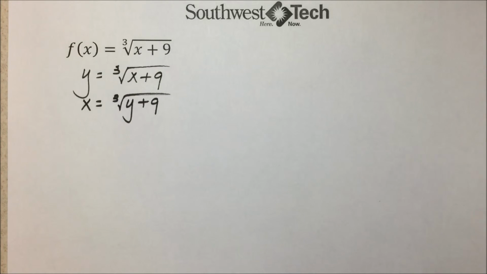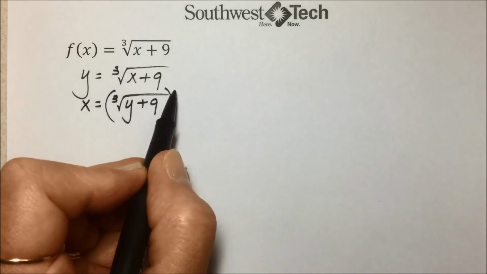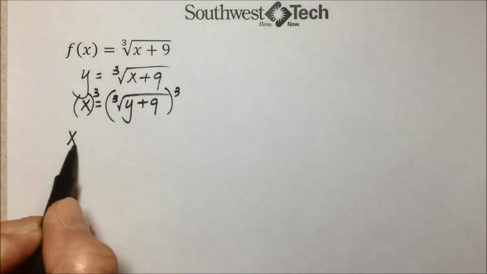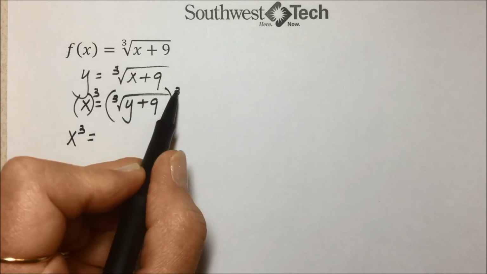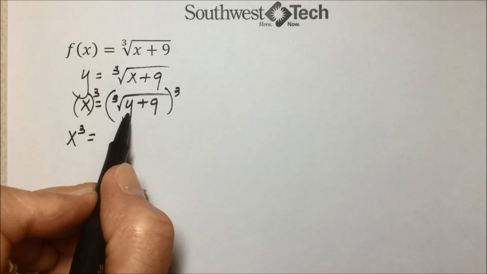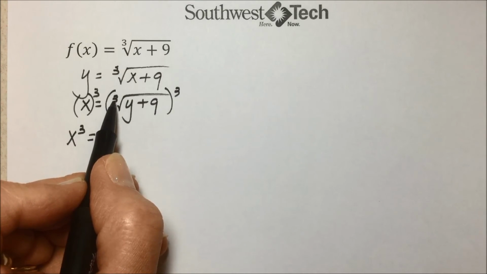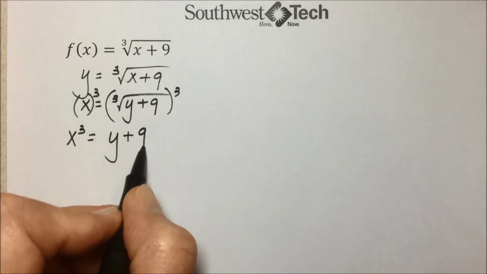Third step is to solve for y, and to undo a cube root, we will raise each side to the third power. x to the third power is that. The cube root of anything raised to the third power, because you would have y plus 9 to the 3 over 3 when you take your index and put it as the denominator of your exponential power, those cancel out, leaving y plus 9.